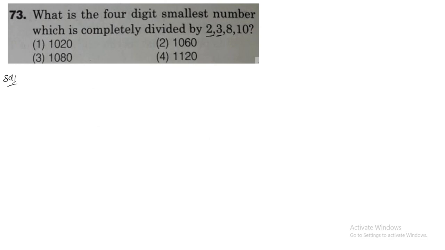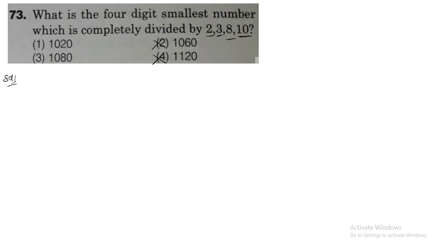Next, for 3, add the digits: 2 plus 1 is 3, plus 8 is 9, plus 6 is 7. This is not possible. Next, the other option also is not possible. By using the divisibility concept, option 2 and option 4 are cancelled. Next, divisibility by 10: all are satisfying. So we need to test only these two.